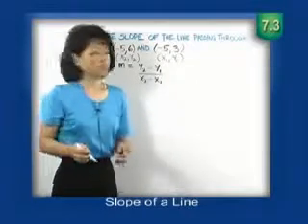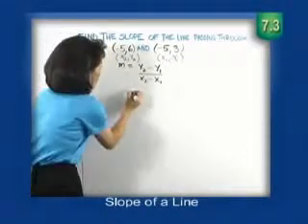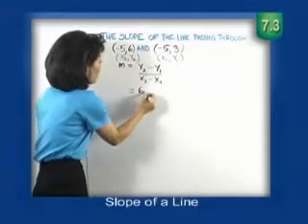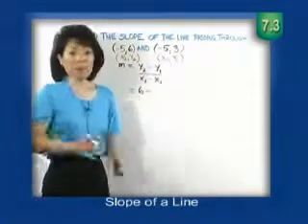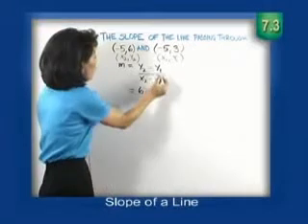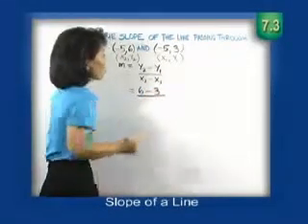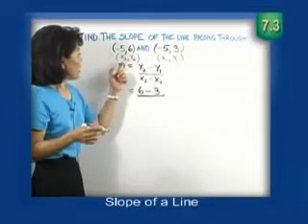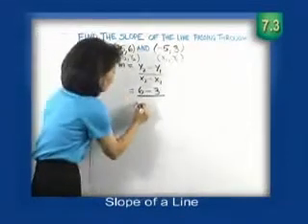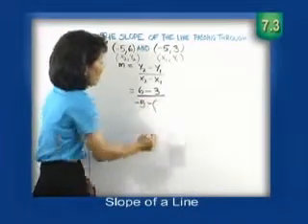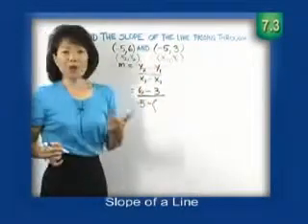Now let's see what happens in this problem. y2 is equal to here 6 minus, because that's part of the formula, remember, y1 here is 3, over x2, -5, minus, part of the formula there, x1, which is also -5.